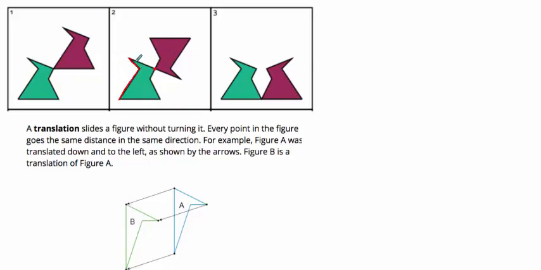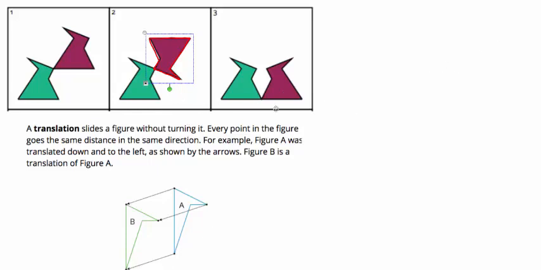So if we trace this and then rotate it, so that that point stays in the same spot right there. So it rotates around a specific point. So a rotation turns it clockwise or counterclockwise around a specific point that does not move.